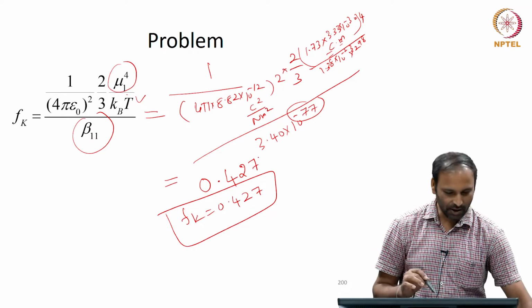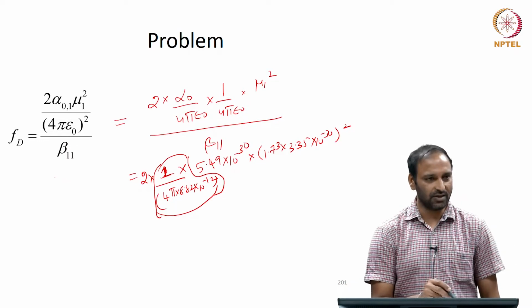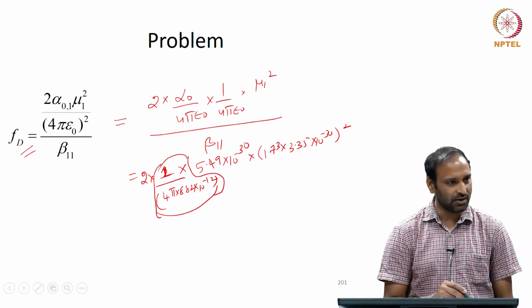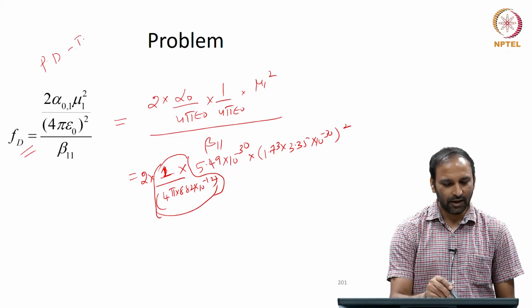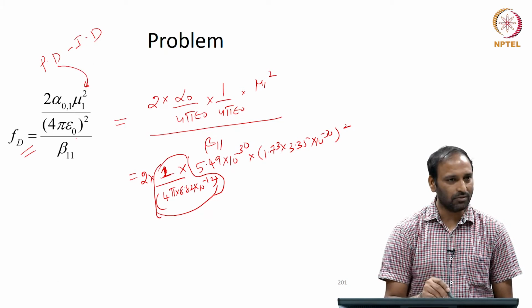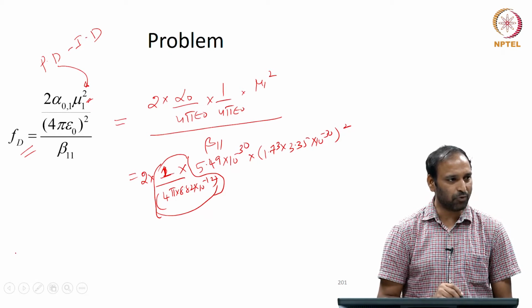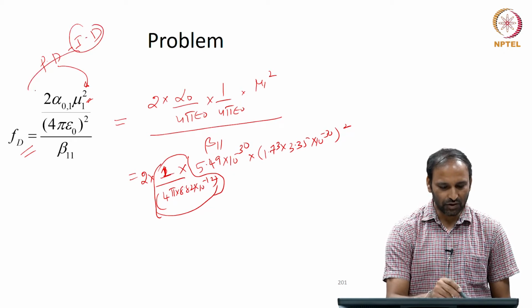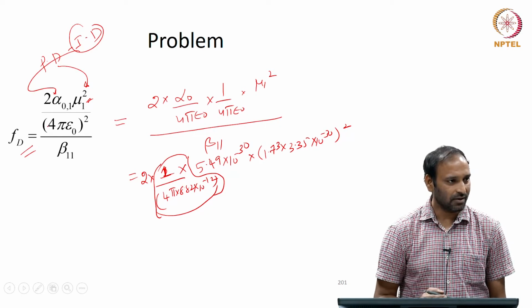Okay. So similarly, I can go back and look at FD, that is the Debye interaction, which is the interaction between a permanent dipole and an induced dipole, right? Therefore, you have a term that corresponds to the permanent dipole, that's the dipole moment, and for the induced dipole there is a term with alpha, which is the polarizability.